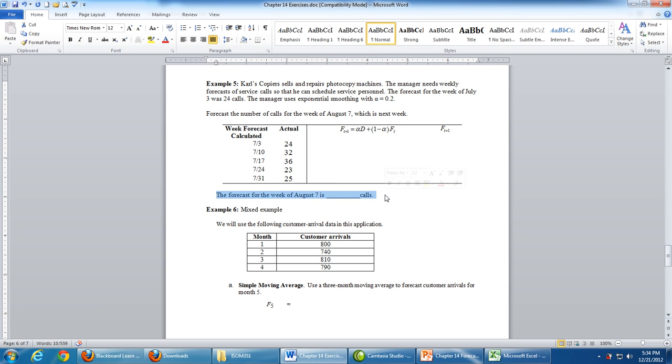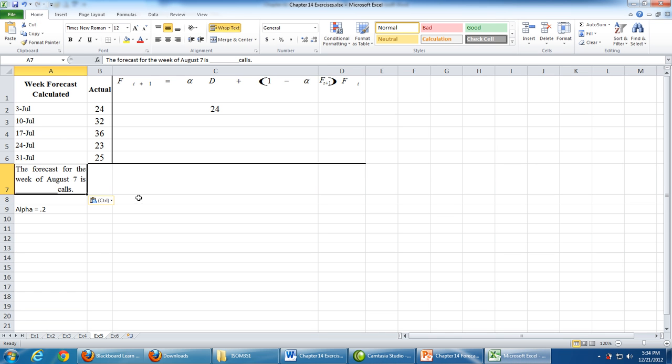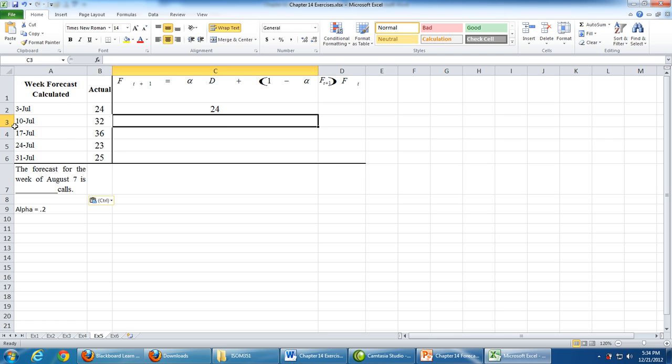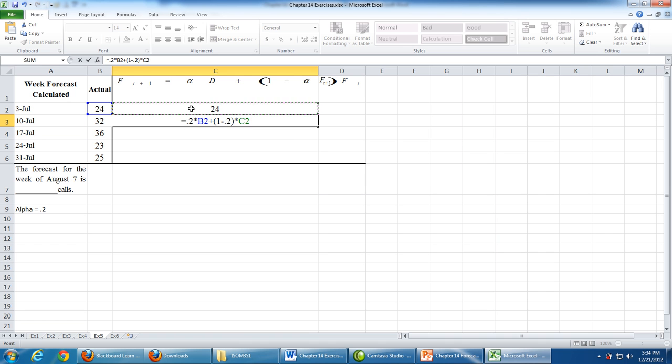The question asks you for the forecast for August 7. First, we're going to find out forecast for July 10 equals alpha 0.2 times D3, July 3rd, plus 1 minus alpha 0.2 times last forecast, which is 24.